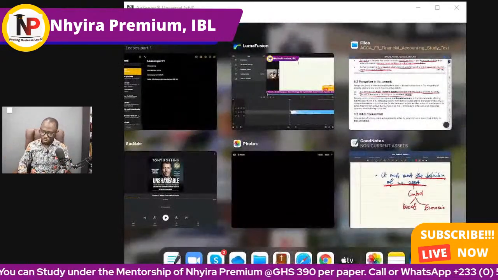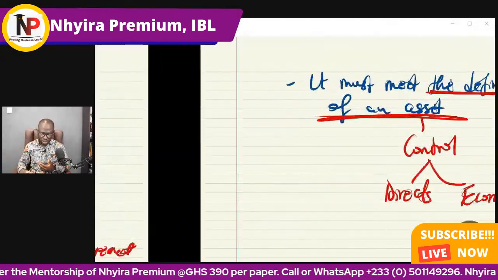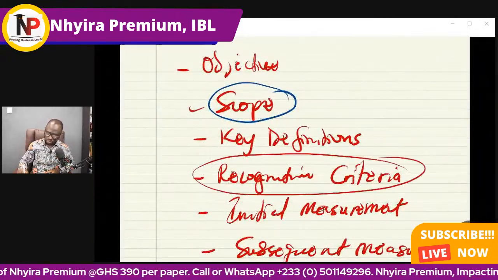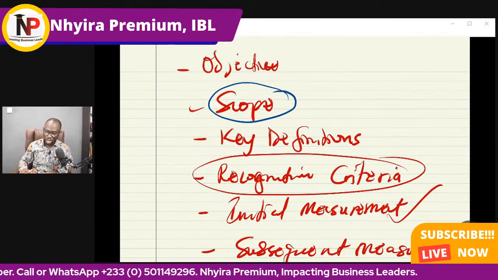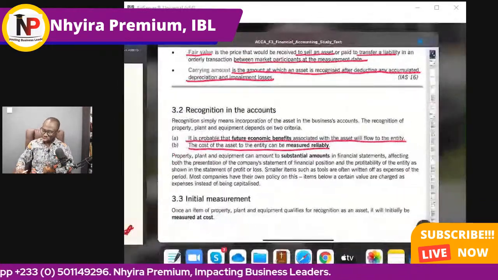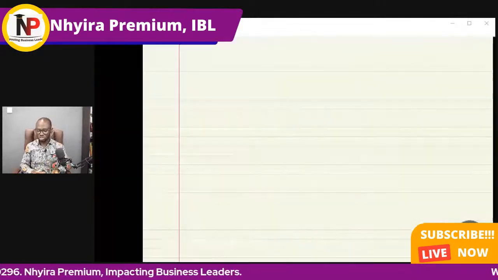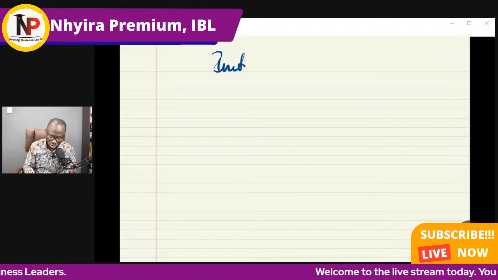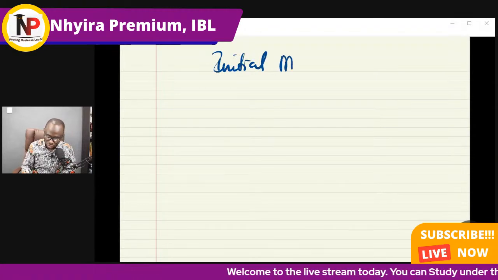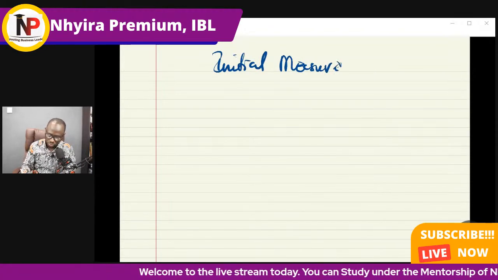Once we've spoken about the initial recognition, the next thing we will look at is initial measurement. In other words, what should constitute the initial cost of a property, plant, and equipment?